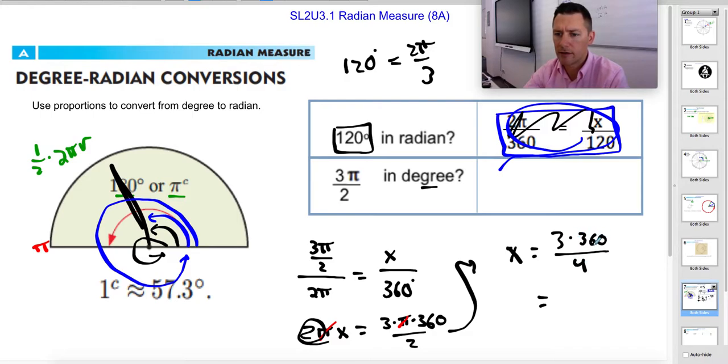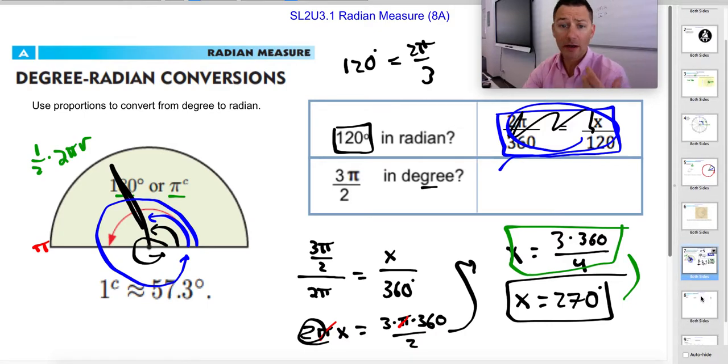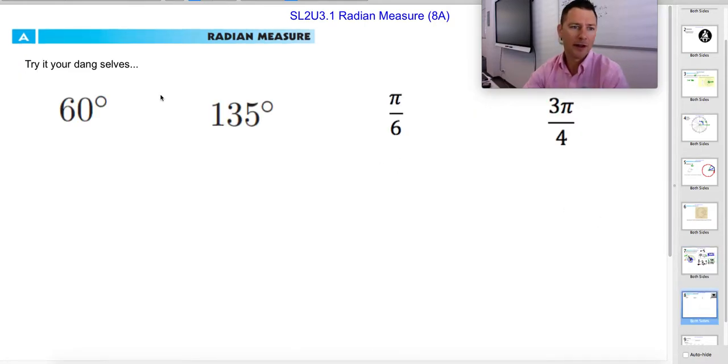This becomes 90 times 3, 270. Cool. It's not my intention to watch you do the mental math, but hopefully you can simplify to 270. Great. So that's all I want you to be able to do: go back and forth from degree to radian. If you're confident, go for it. If you're not confident, I'm going to try these 4. So let's give it a shot.